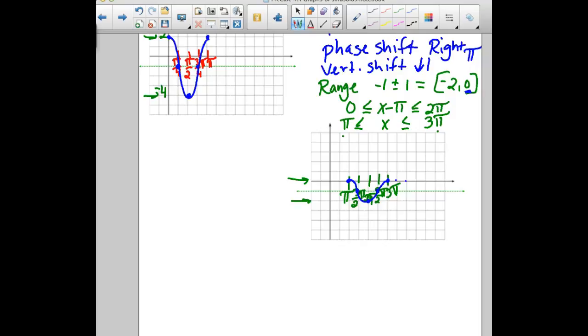So 1, 2, 3, 4. That would be the end of my next period. Yes? Okay. So if I had to continue, I'd go down to 0, low, 0, high. That would be the second period that I would draw. Does that make sense? Okay.